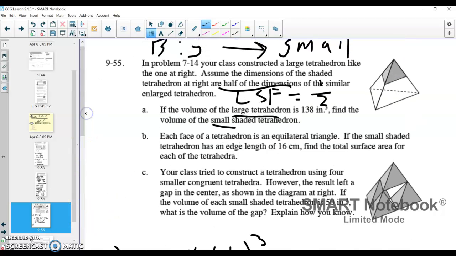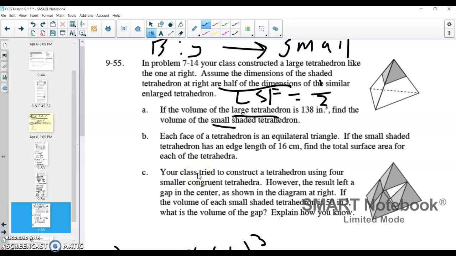Okay. Now part B is a little different. There's different ways we go about it. But what we have here is if the small shaded tetrahedron, so the small one again, has an edge length of 16 centimeters, find the total surface area for each tetrahedron.